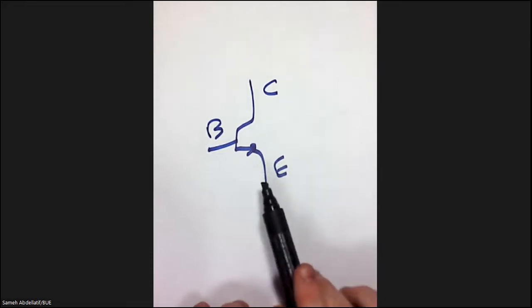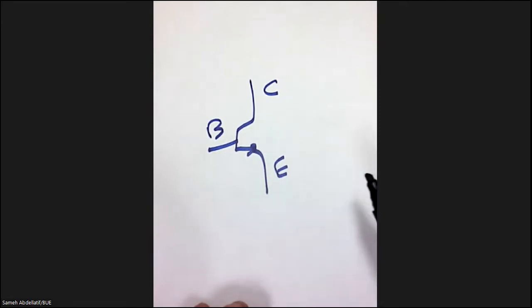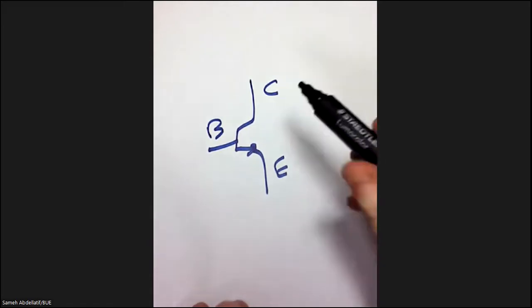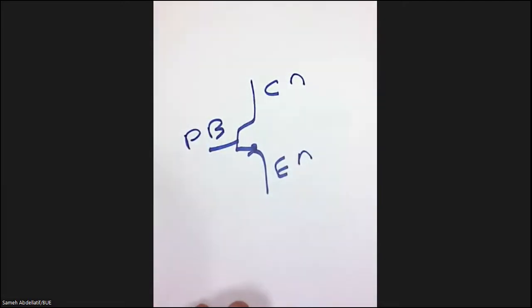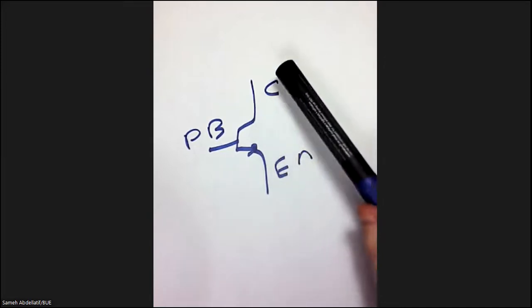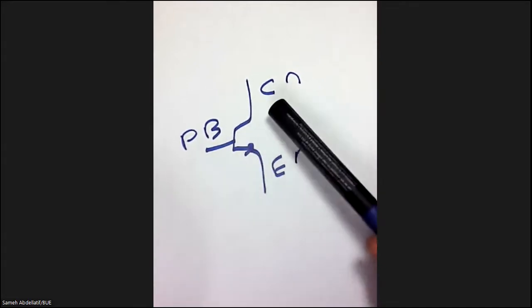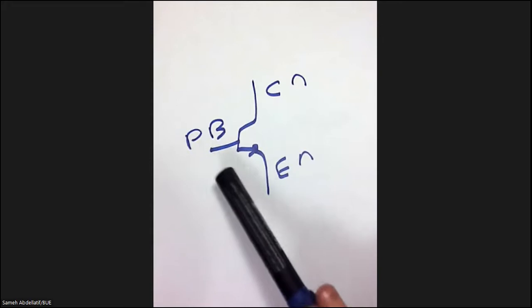In this case, as the arrow indicating the current is going to the emitter, which means that current is flowing from the collector to the emitter, if you remember the previous part. So simply this is N, this is P, and this is N. Now, if you concentrate on this schematic, you can see that this transistor is formed of two PN junctions. So we have the base collector junction and we have the base emitter junction.